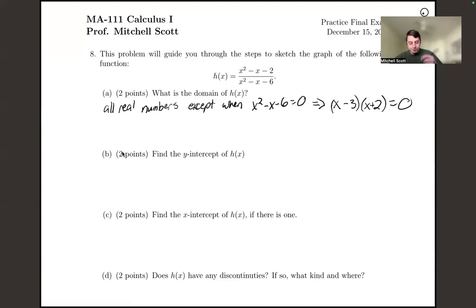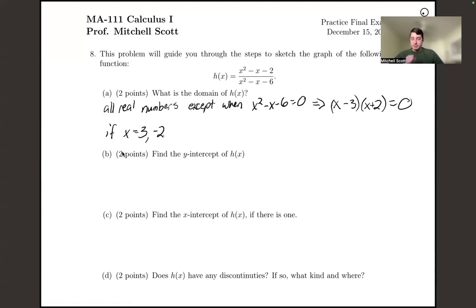So I know that if x equals 3, this is going to be 0, or if x equals minus 2, this is going to be 0, and anything times 0 is going to be 0, right? So in fact, here's our answer. It's all real numbers except when x equals 3 or minus 2. Okay.